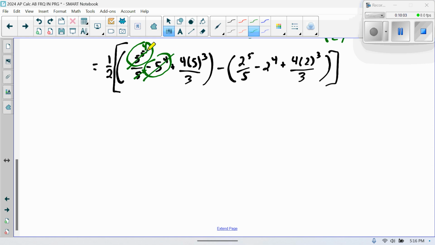Nice. 5 cubed, okay, is 75. It's 5 times 5 times another 5. It's 75. But then, if I want to divide that by 3, that's 25. Isn't it, kids? And 25 times 4, oh, no. Whoa, it's 125.